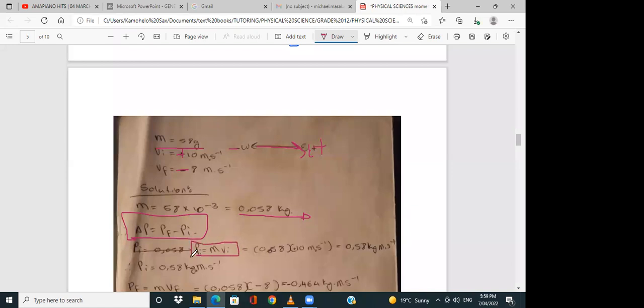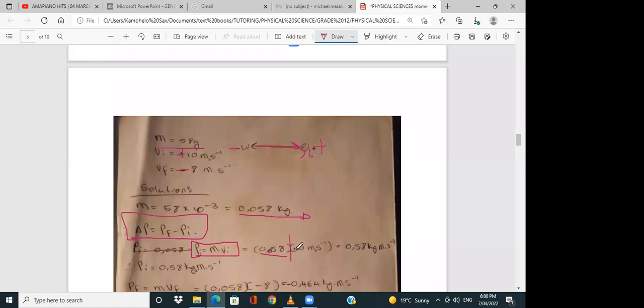Initially, the mass of the object, which we just converted, is 0.058 kilograms.